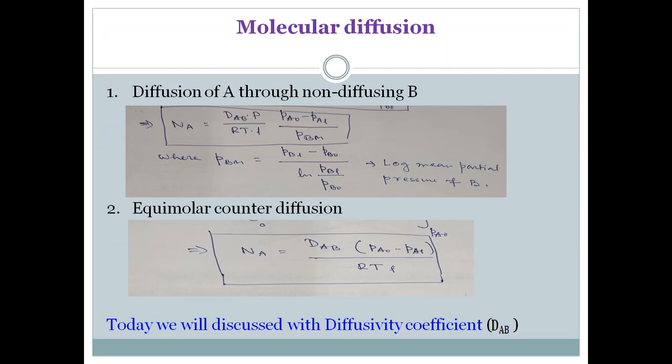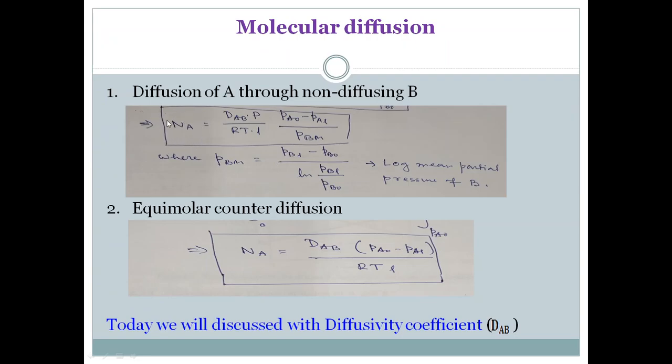Now, for a particular process, if Na is low, that means good separation is not possible. So if you need good separation, you need a bigger equipment, and that may not be economically feasible. Then what will be your objective? We would like to increase this Na.